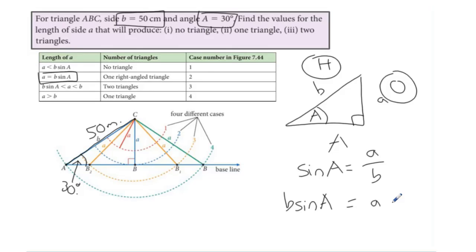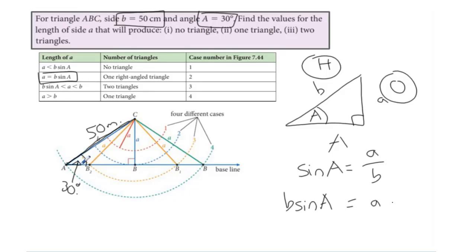You get no triangle when A is less than B sine A. You can see that with the red line. You've got this fixed black line here, and this baseline, and point B needs to be on that baseline.